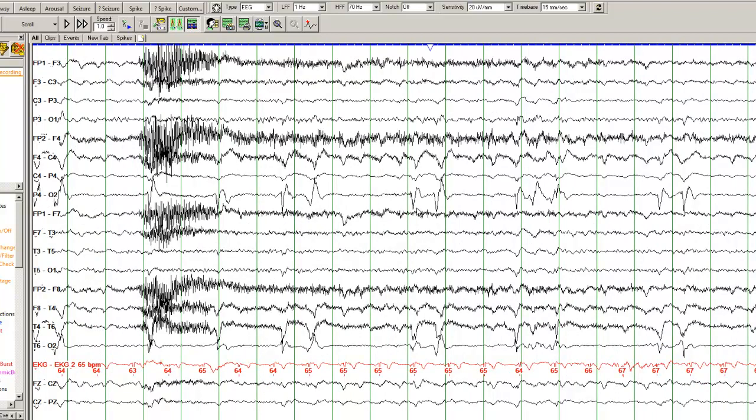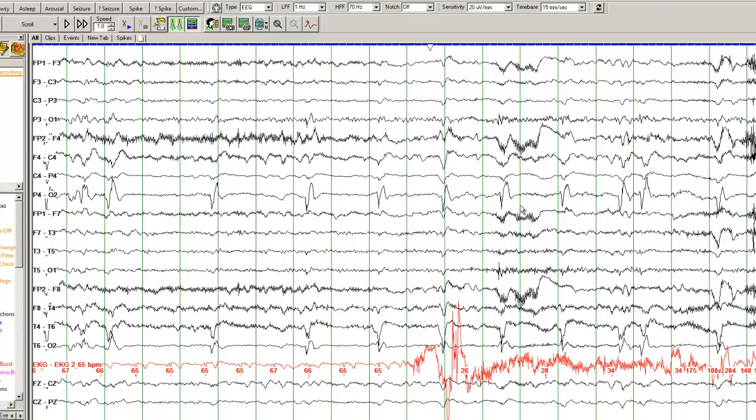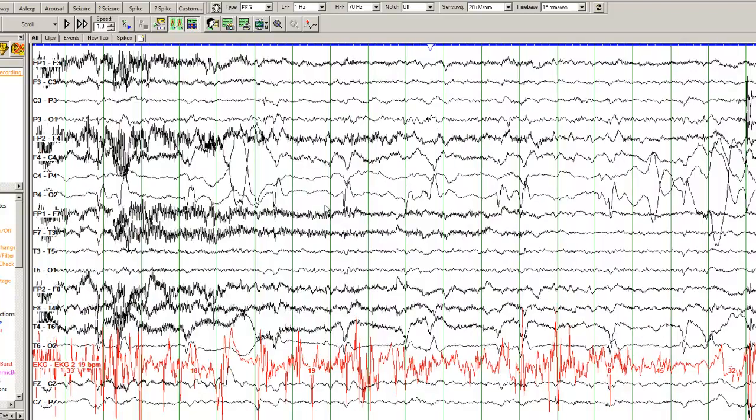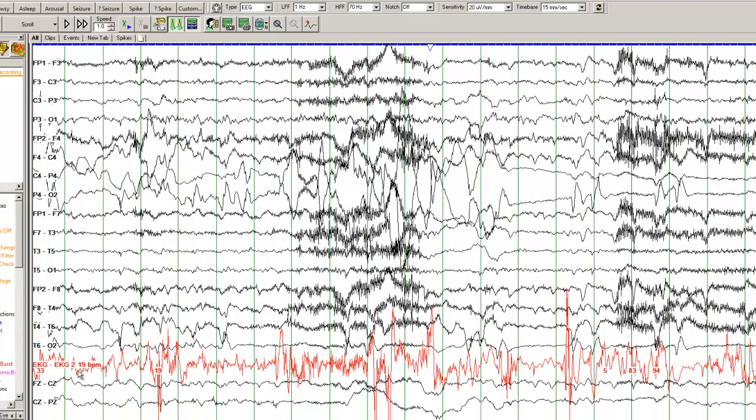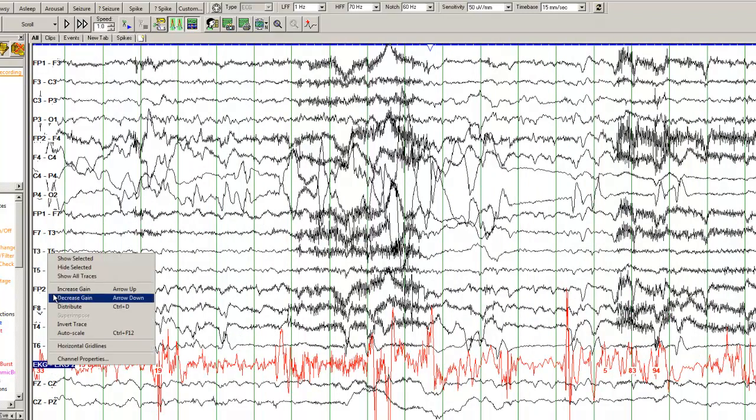And these sharp waves, sometimes these appear very periodic, sometimes they are not as periodic, what we call quasi-periodic discharges, meaning almost periodic but not quite. This is a bad ECG electrode, so let me just take this off.